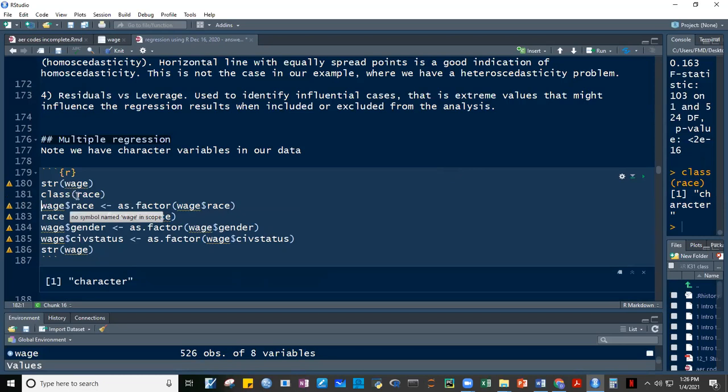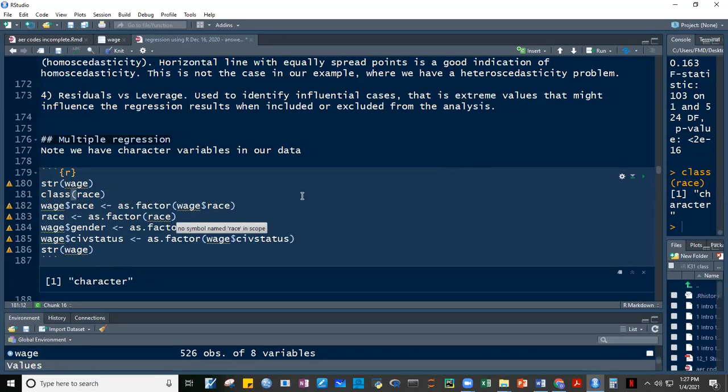Okay, take note, hindi na natin guys linagay dito yung wage, dollar rates. Kasi nabasa na ni R na, okay, si race na yan, na variable, galing yan kay wage. So we know that that's a character. And then, ang gagawin natin guys, we have to tell R, dapat si race hindi siya character.